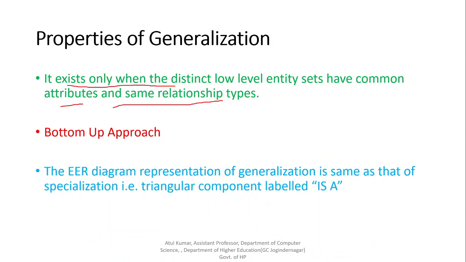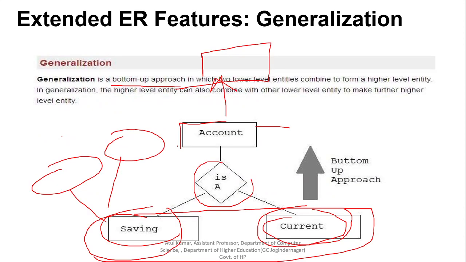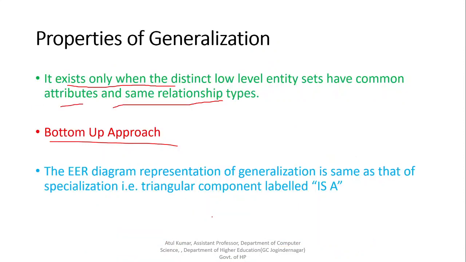The next important property is that it is a bottom up approach, as shown in the diagram. We start from the bottom and go to the upward side. The next important property is that the EER diagram, that is the enhanced entity relationship diagram, represents generalization in the same way as specialization, which I will discuss in a later slide, with the help of a triangular component labeled is a.